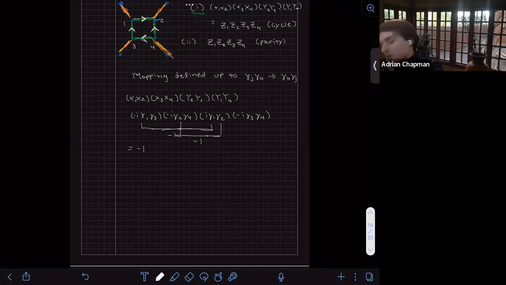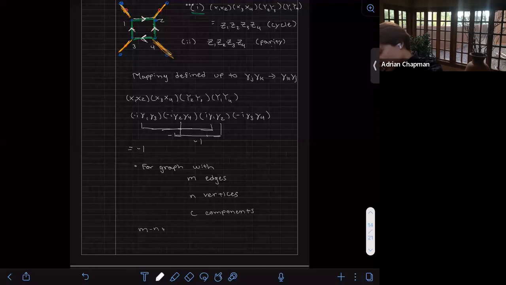right, so what I should say is that for a graph with M edges, N vertices and C components, there are M minus N plus C independent cycle symmetries.